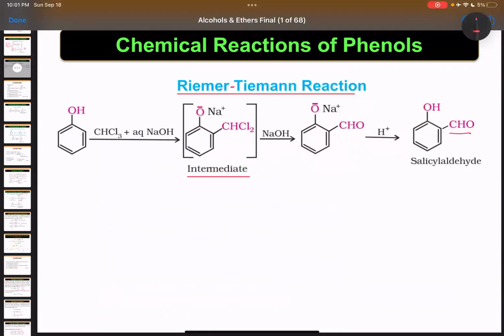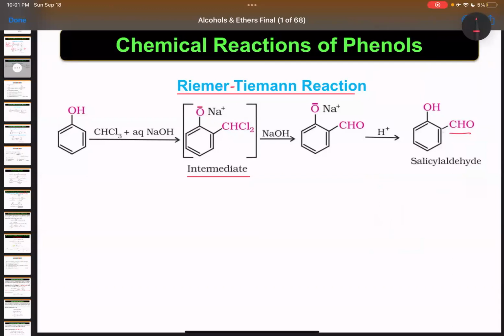Actually, there are a lot of intermediates. So the first one is because you are taking NaOH, so the phenol will change itself to the phenoxide ion. The phenoxide ion is resonance stabilized, so it has a minus charge at the ortho and para positions, right?